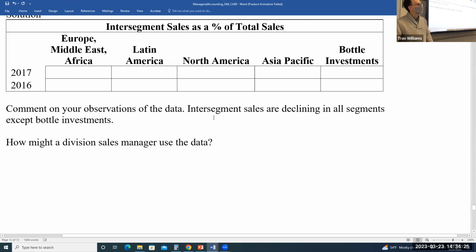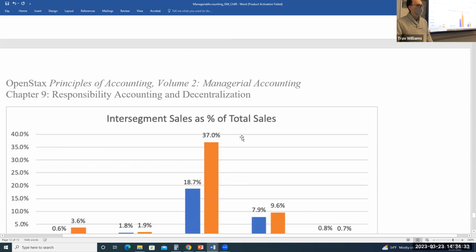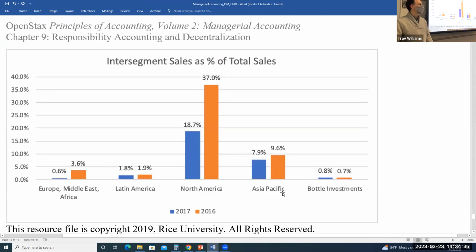And the last question, how might a division sales manager use the data? If you see these kinds of trends, you're the sales manager, are you going to be encouraging more inter-segment sales?